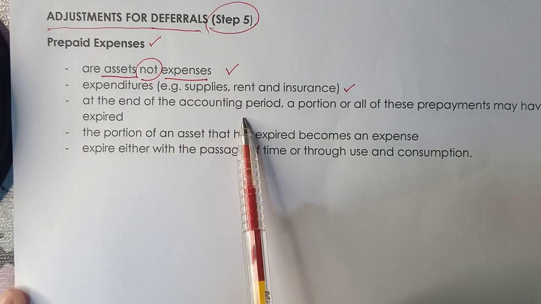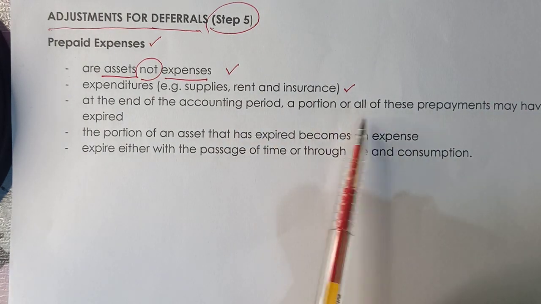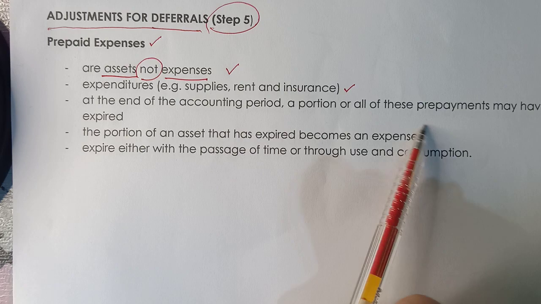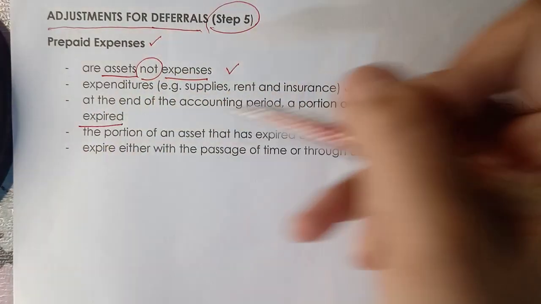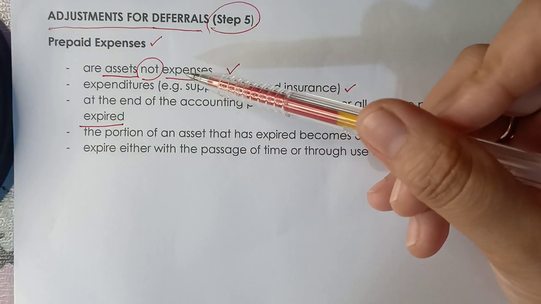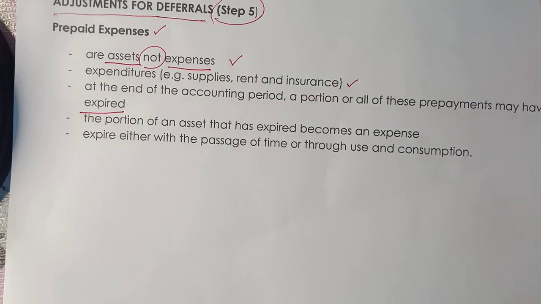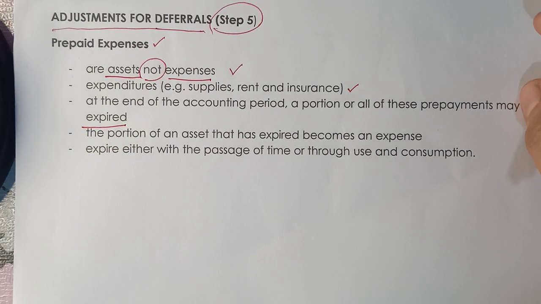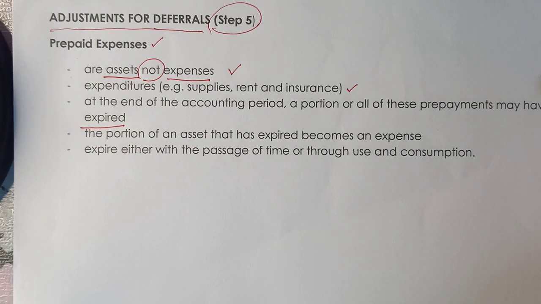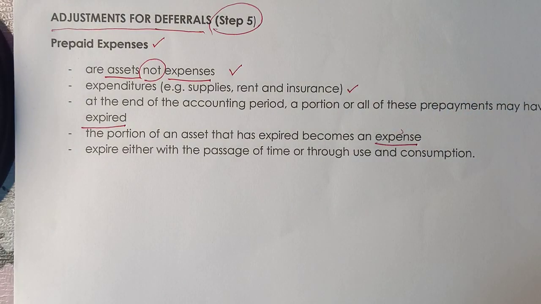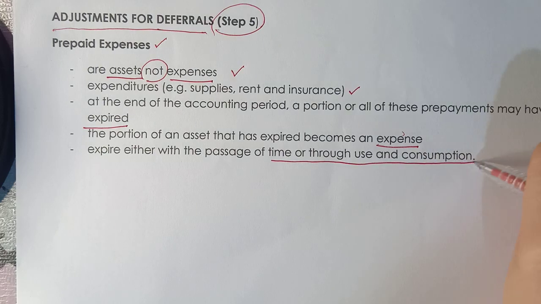At the end of the accounting period, a portion or all of these prepayments may have what? Expired. It's because this is considered an asset. The portion of an asset that has expired becomes what? Expense. They expire either with the passage of time or through use and consumption.